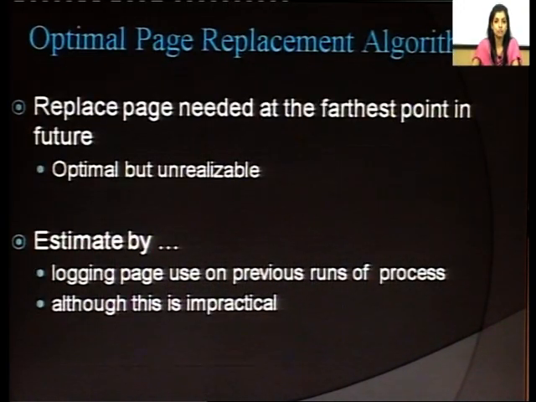So, what is the optimal page replacement algorithm? Replace the page needed at the farthest point in the future. That means if a particular page has entered main memory and that page is going to be used in the future, not now, then that page can be replaced. Okay.